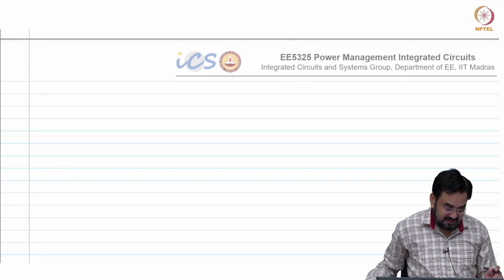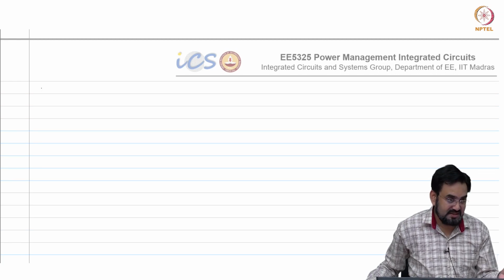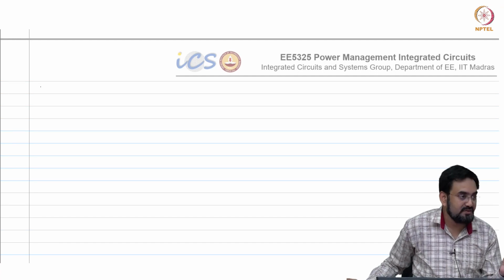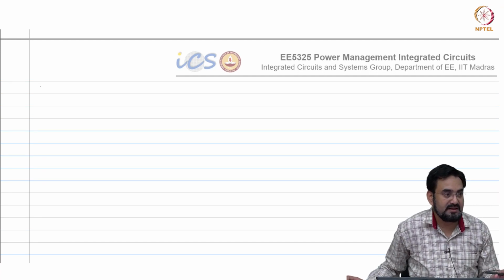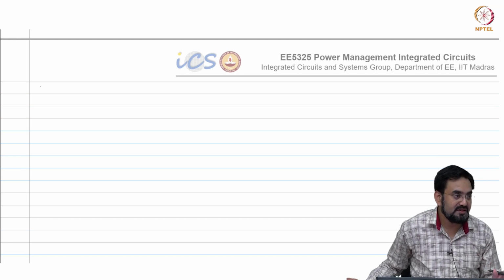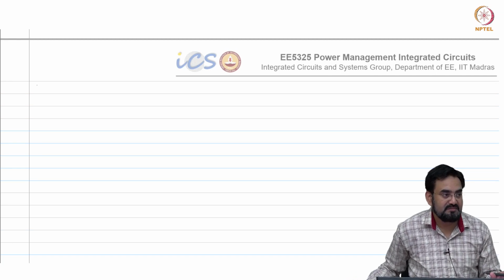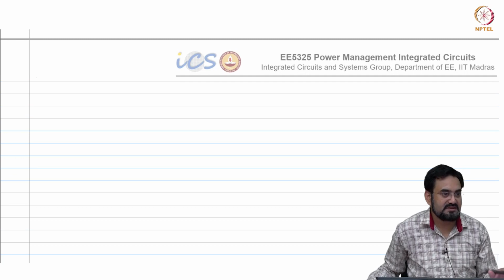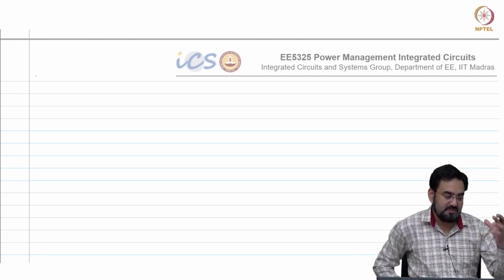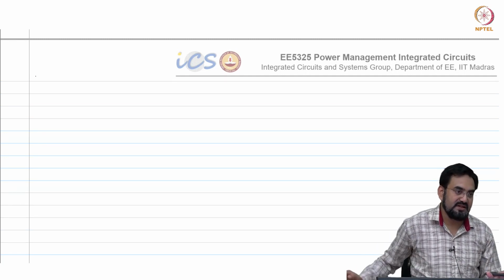So, then the drawback is that either you need a large capacitor, or if you try to use a smaller cap, then your ESR will be much larger, and in that case your ripple component will increase actually.